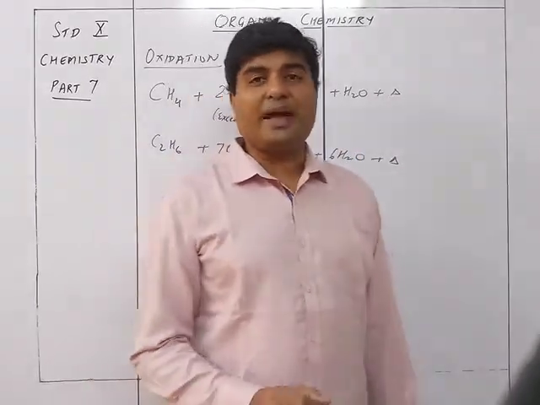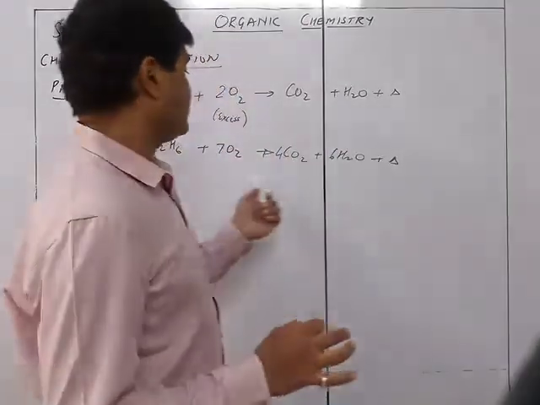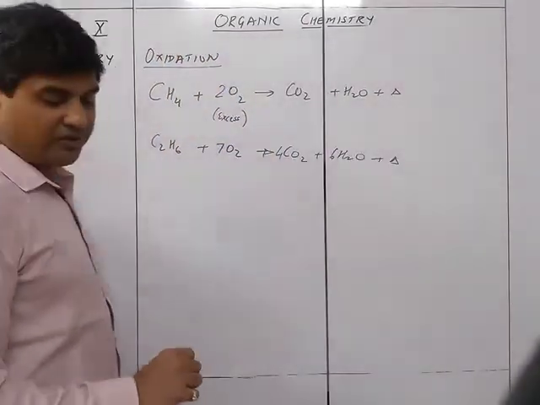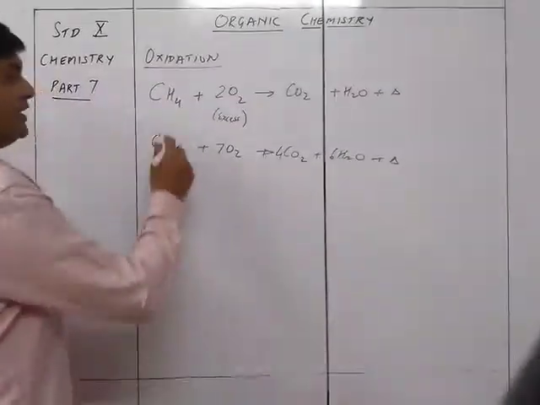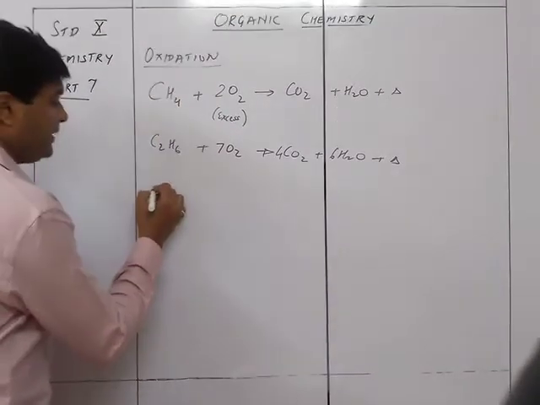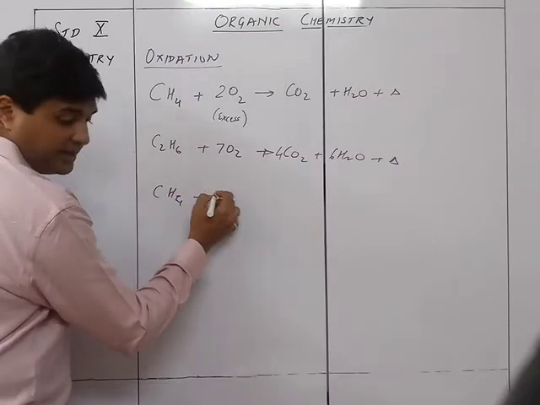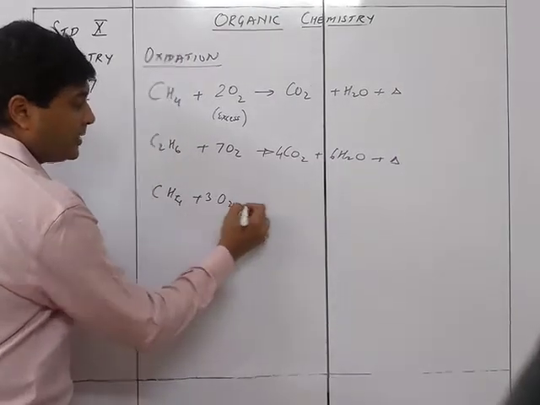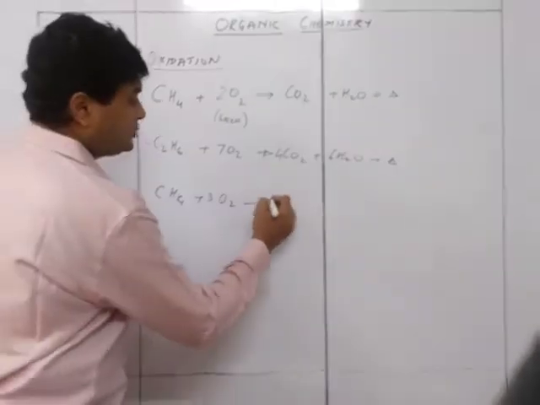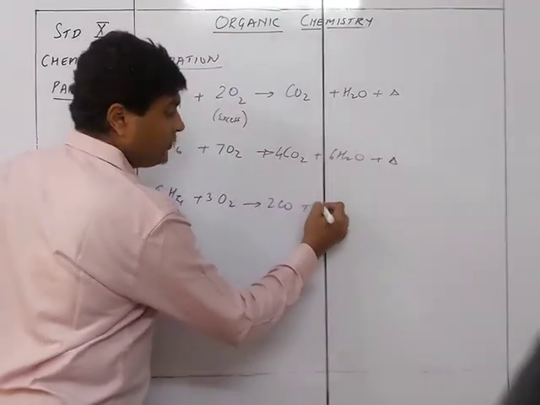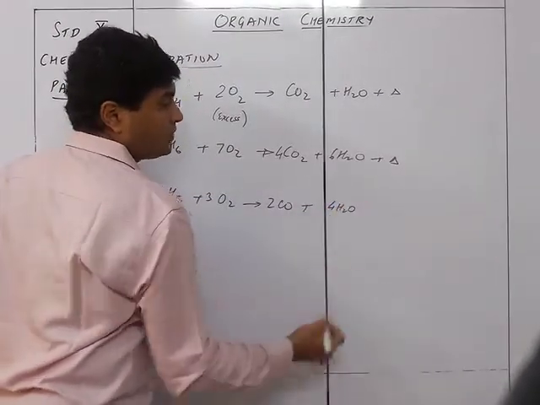If this reaction is taking place not in excess of oxygen but with less oxygen, in that case, in a limited amount of oxygen, this will be CH4 plus limited oxygen, that is 3O2, and this will give you 2CO plus 4H2O, plus heat.